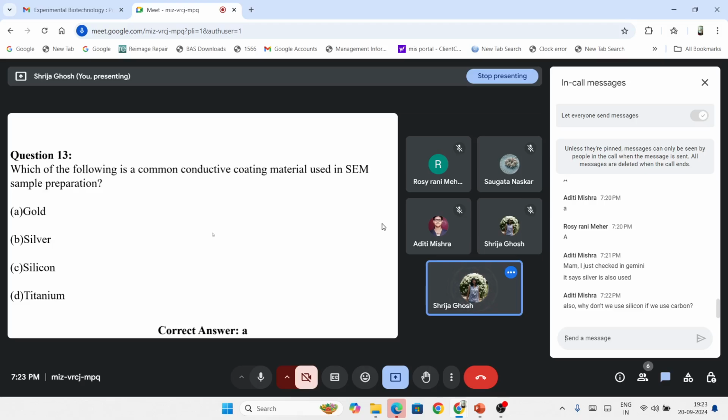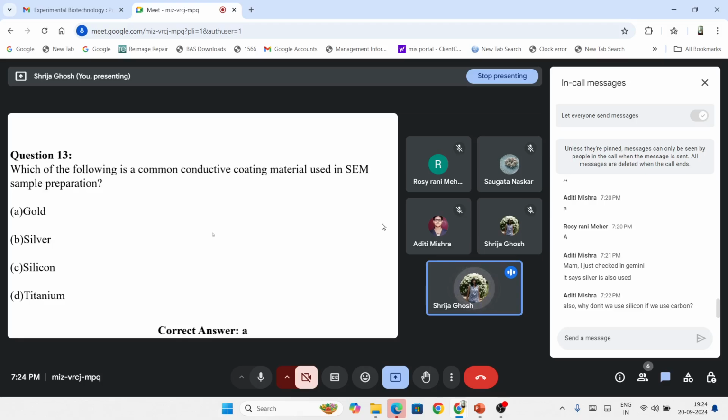I don't have the figure for the sputter coater, but in your lecture slides there is a diagram of a sputter coater. You have a piece of gold attached to one of the electrodes, and then under vacuum condition, gold dust is basically sprayed over the sample under the electric field. So this whole process is not very feasible to be done using silicon.